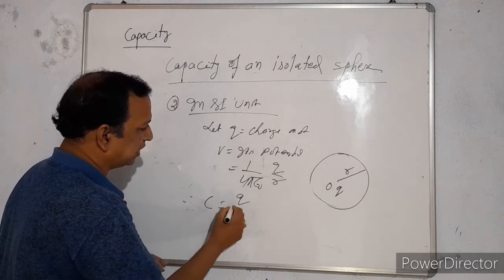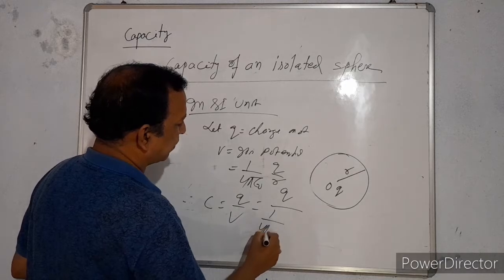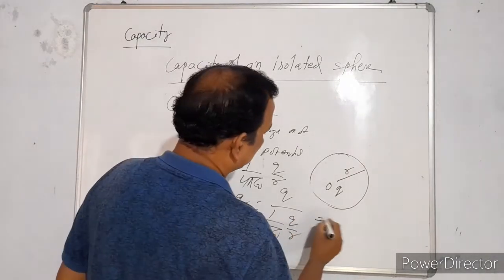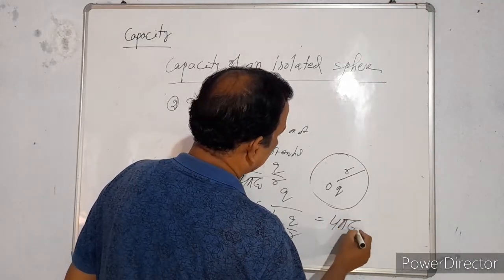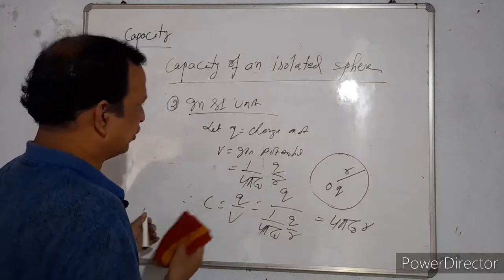C is equal to Q by V, that is Q divided by 1 by 4 pi epsilon 0 Q by R, that is equal to 4 pi epsilon 0 R. That is the capacity. Epsilon 0 or epsilon naught.